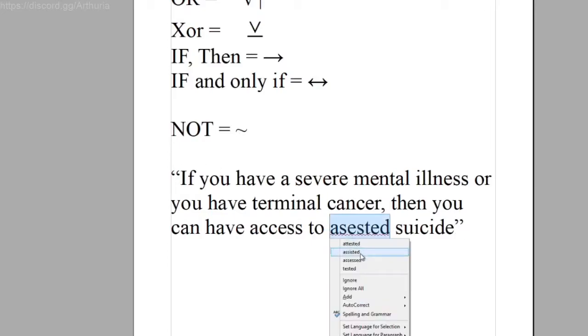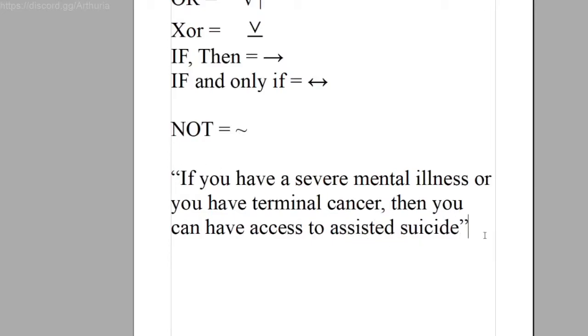This was a debate topic that we had, right? It was the first one I thought of. So how would we translate this into logic?